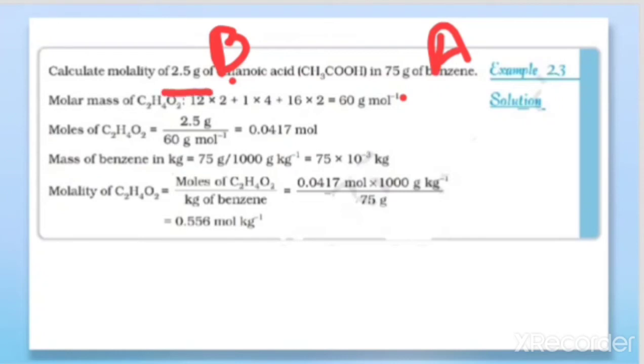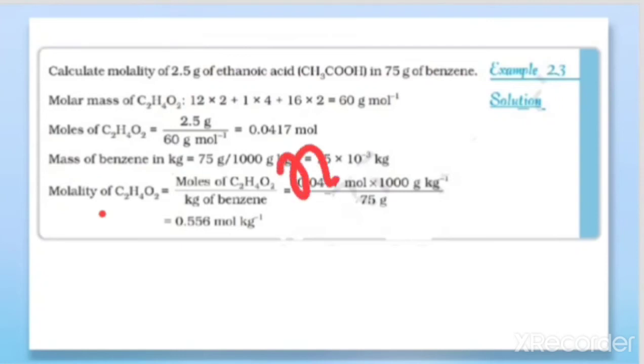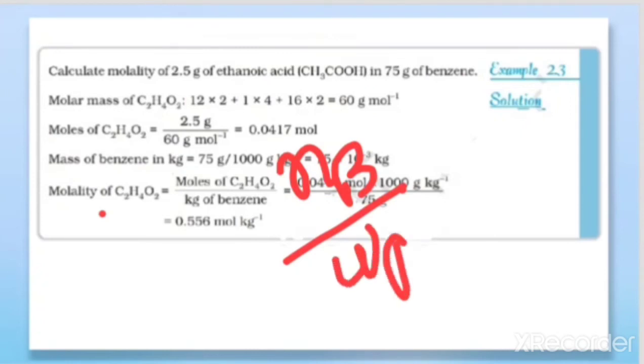Here the quantity, that is the mass, is given. The mass of solute is 2.5 gram and 75 gram is the mass of the solvent. Now we can use the formula. How do we find molality? Molality is equal to the number of moles of solute dissolved in 1 kg of solvent, that is WA.